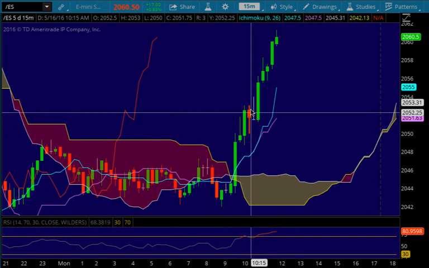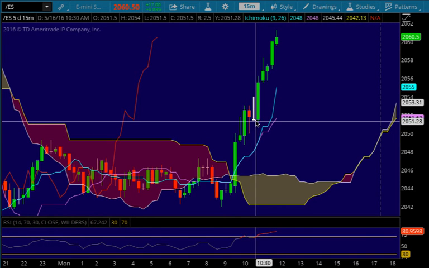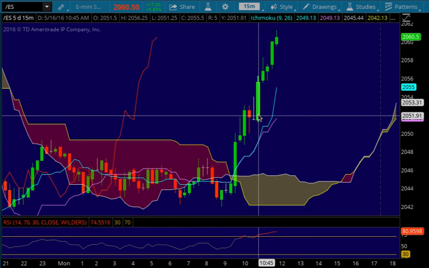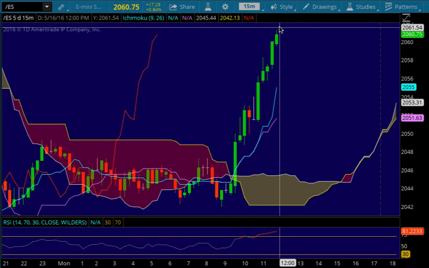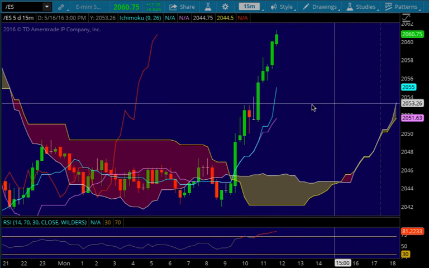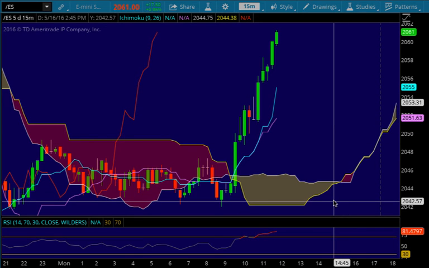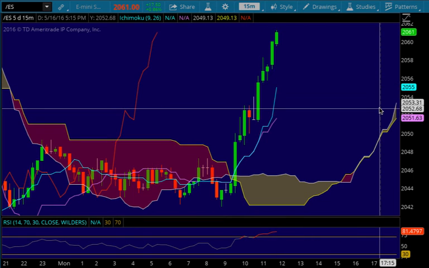We did this corrective action here and corrected that overbought condition, and then we were free to move higher, but we've been overbought ever since this candle blasting higher. If we do get a pullback, the first pullback target that's visible on this 15-minute time frame is the 2055 Tenkan-sen level currently.